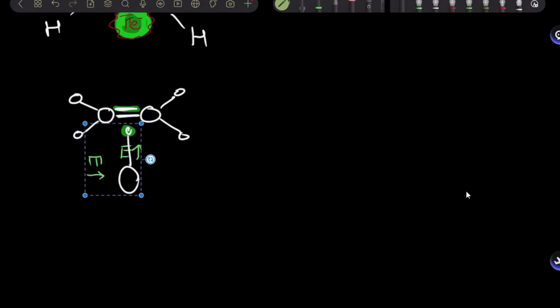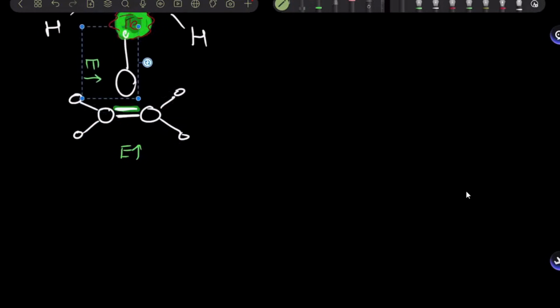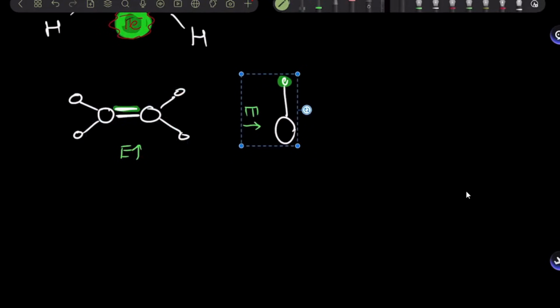This would be the correct orientation, when the hydrogen from your HCl molecule is directly colliding with the pi electrons. Apart from this, any other orientation, if you collide like this, or with chlorine facing towards the pi bond, would not be correct.